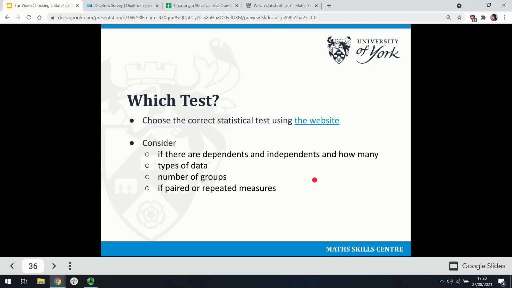Are there dependent and independent variables? We might have to consider how many independent variables there are. Is there just one or is there more than one? The types of data, nominal, ordinal, scale. The number of groups in the nominal variables. And whether we've got a design where we've got paired or repeated measures.